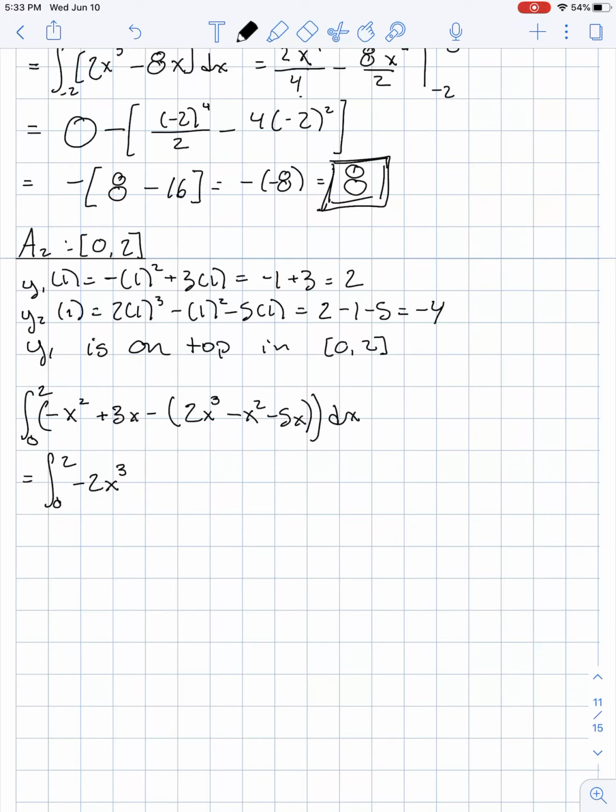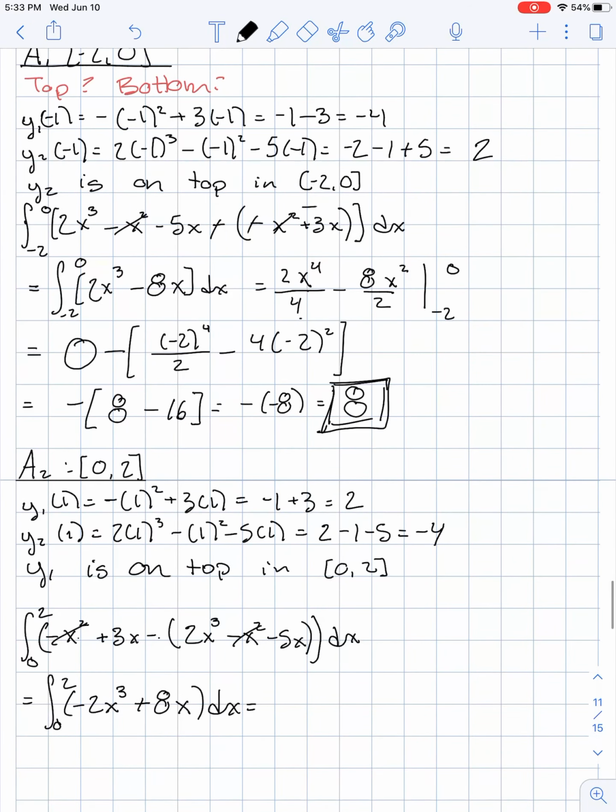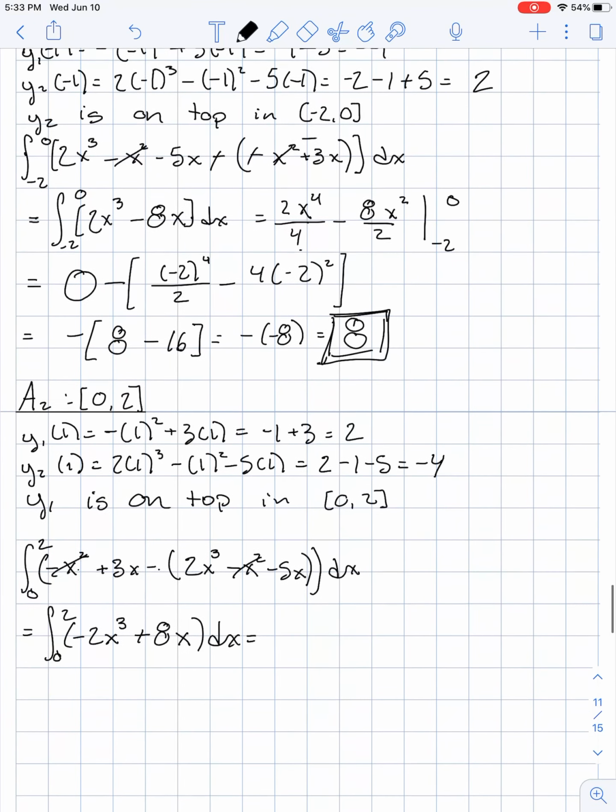So negative 2x cubed, negative x squared minus a negative x squared, those two just cancel out again. And then 3x plus 5x, so plus 8x dx. You could have also seen from when we did the area of part 1 that this is just the negative version, right? y2 minus y1 and vice versa, just kind of like multiplying by negative 1.